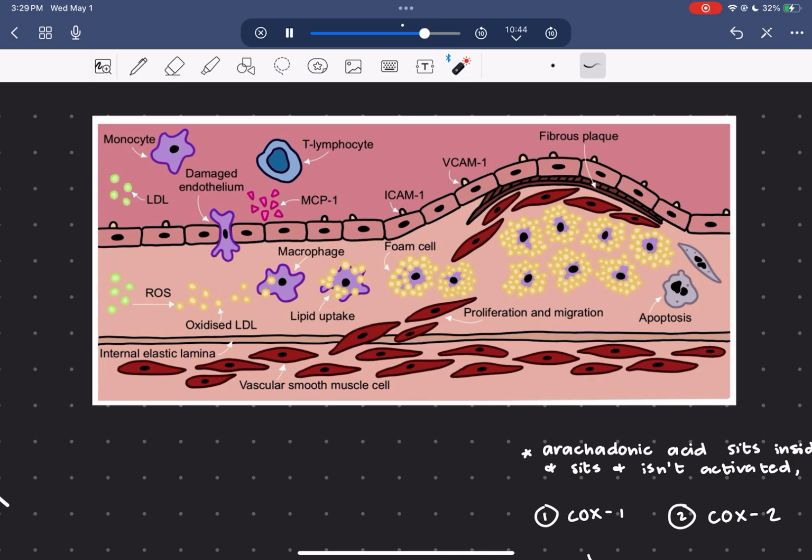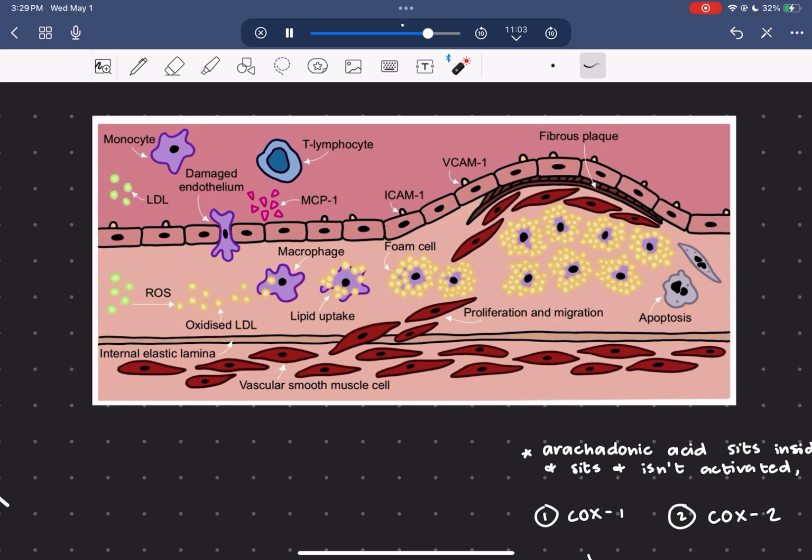So it is very large in fat, and it turns into a foam cell, which is fat trapped inside of immune cells. And this is what is causing expansion inside of the intima for atherosclerosis.